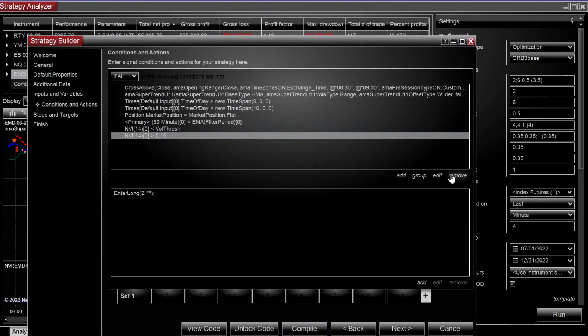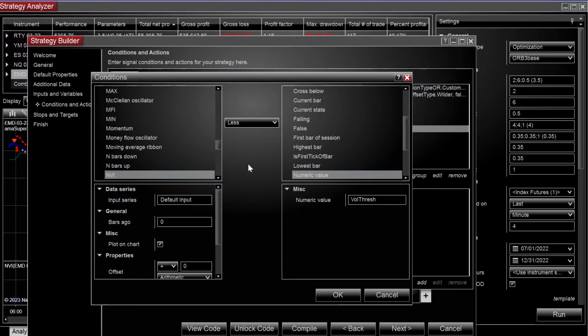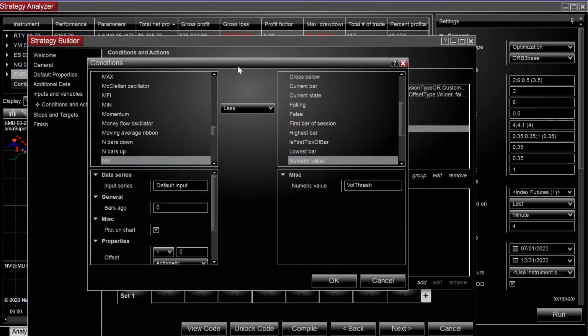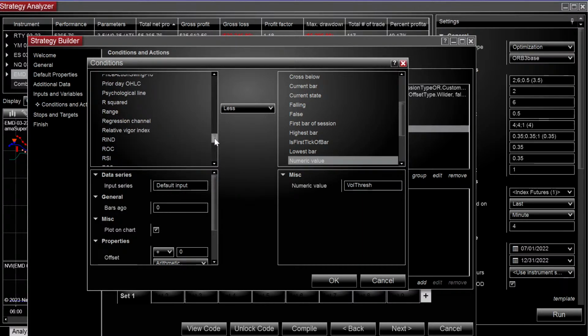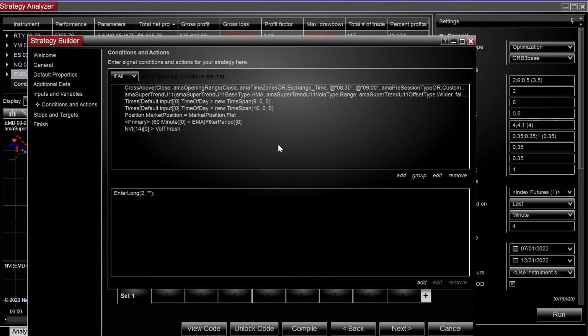So we'll test once again the extreme. So let's see. Greater than 3.5.